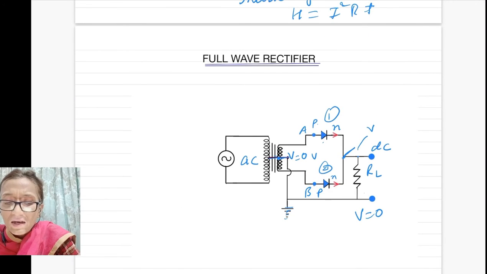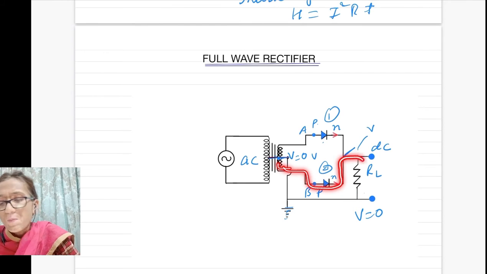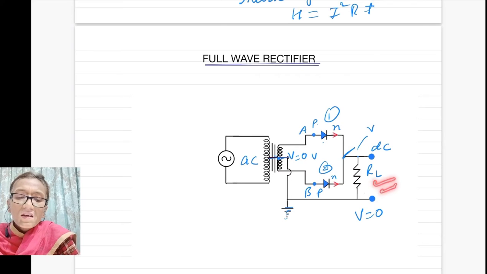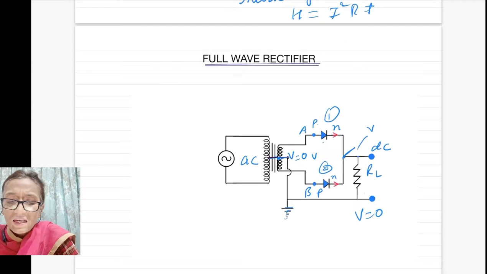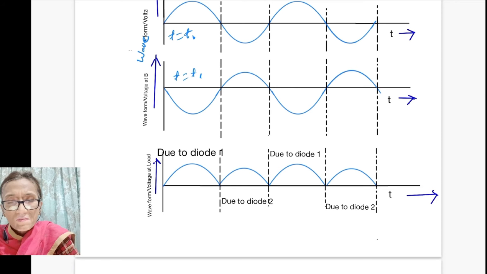Here you can see the complete circuit. One here and another from here, this way. So the circuit is completed, so current will flow. And diode 2 will be forward bias.